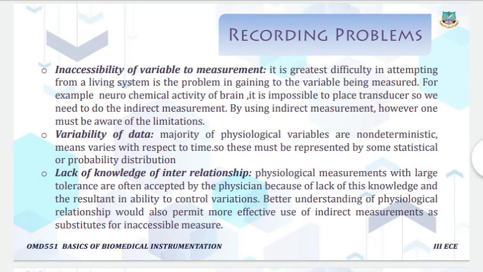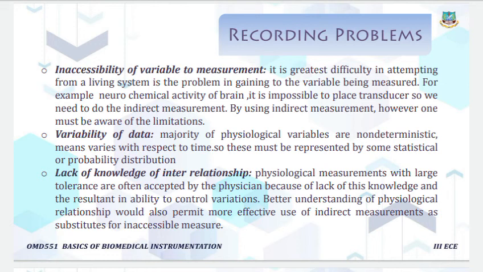So next one, variability of data. What is variability of data? From the name itself, we get that there will be changes in the value of the data. The variables will vary with respect to time.